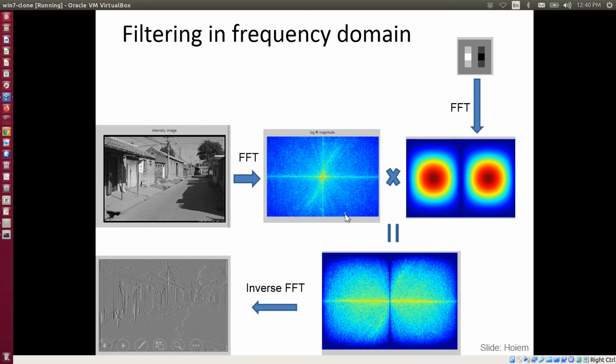Oh, by the way, one thing I forgot to mention: do you see that this is symmetric? Do you know why it's symmetric? The Fourier transform appears to be always symmetric. Is it because the image is real and even? Yes, but it doesn't need to be even.